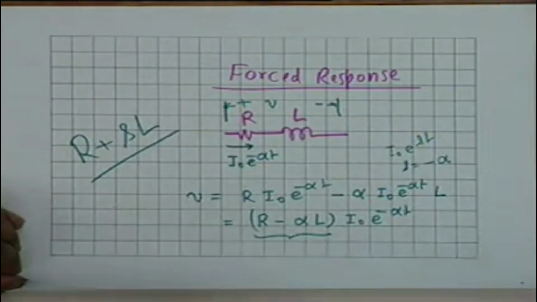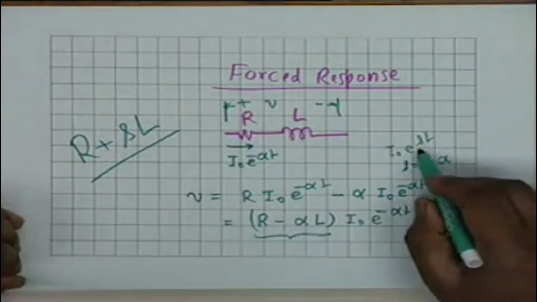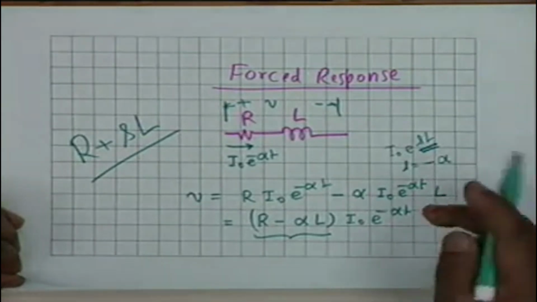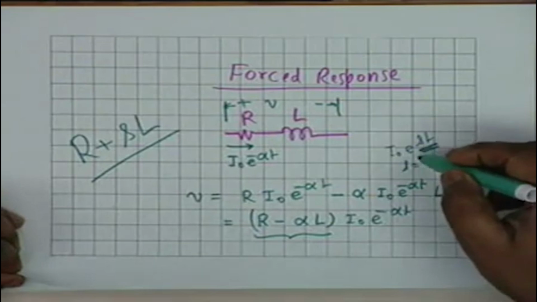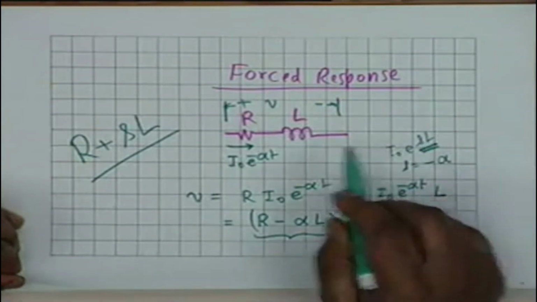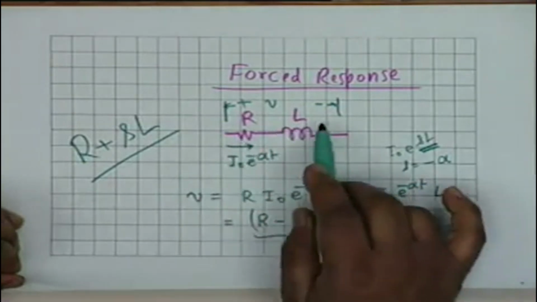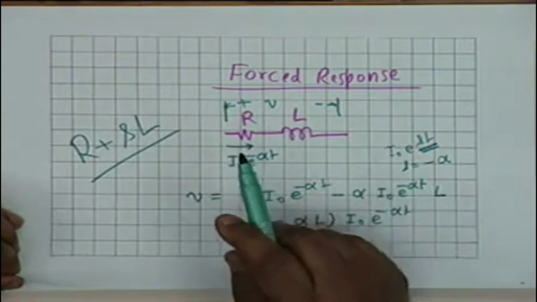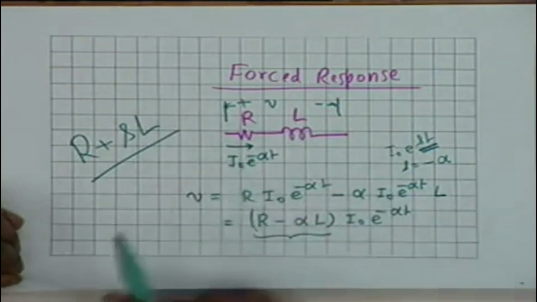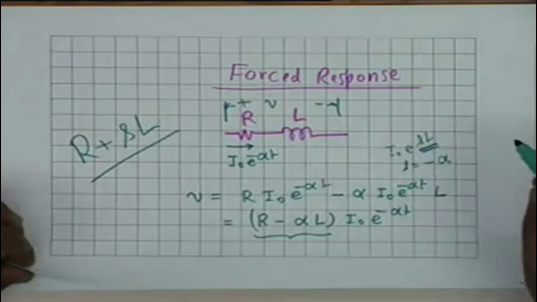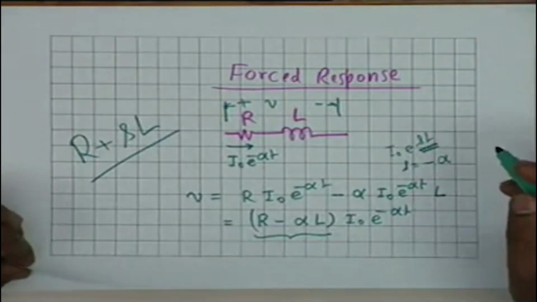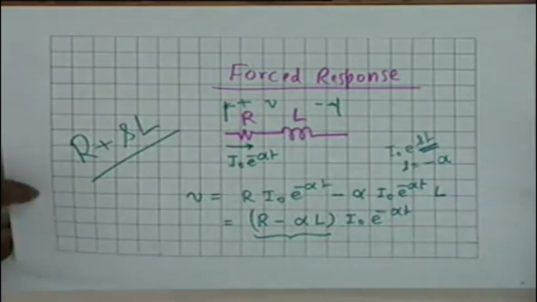A very special case of the exponential excitation occurs if s equals 0. If s equals 0, it is a constant current, and therefore d/dt would be 0, and so the drop would be simply R times I0. Therefore, e to the st excitation can also take care of DC conditions by putting s equal to 0.